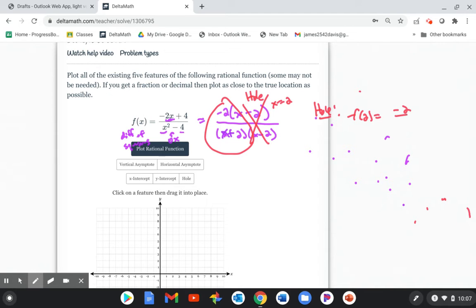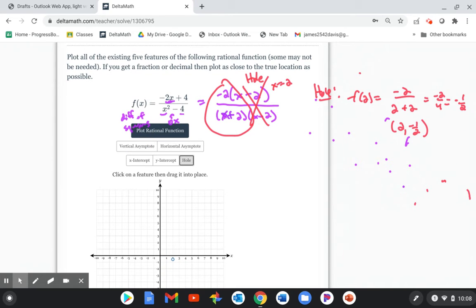So we get -2 over 2 plus 2. So -2 over 4, which is -1/2. So we get 2 comma -1/2. That is our hole. Let's go ahead and put that on. So 2 for the x, -1/2 for the y, about right there.